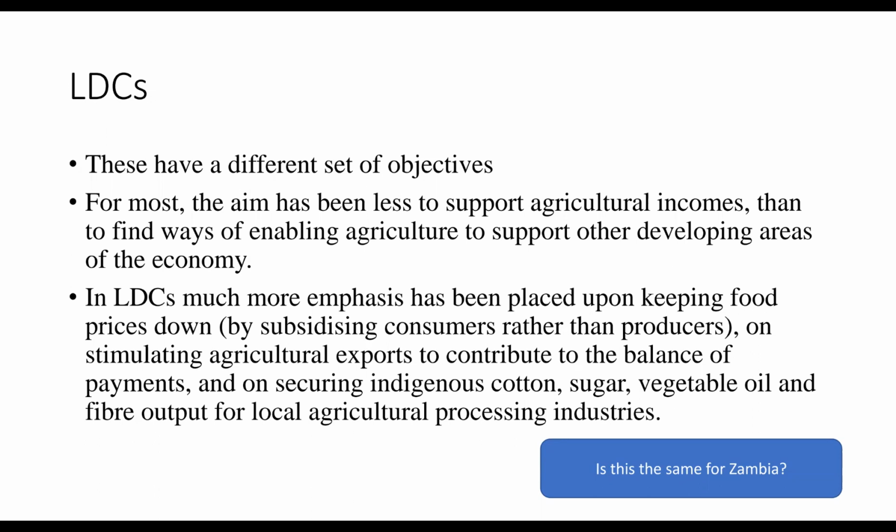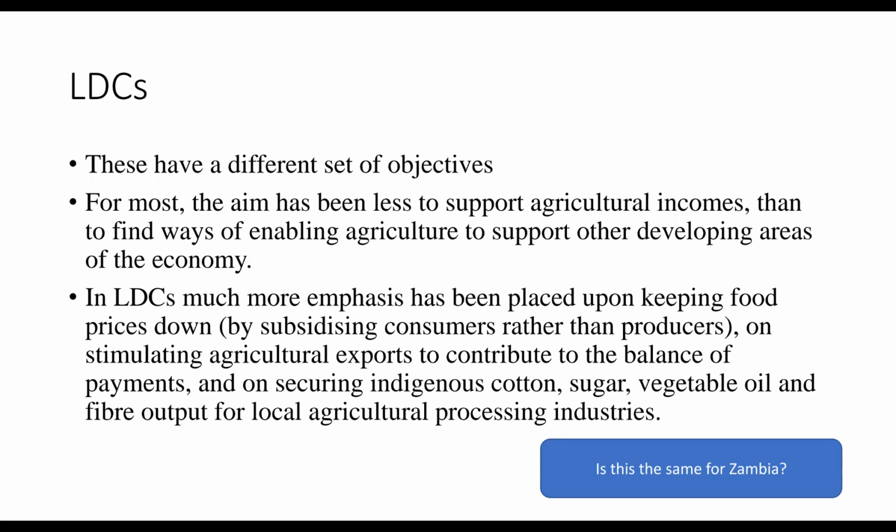So on stimulating agricultural exports to contribute to the balance of payments, and on securing indigenous cotton, sugar, vegetable oil, and the fiber output for local agricultural processing industries. This is where much emphasis has been placed, especially in lower developed countries.